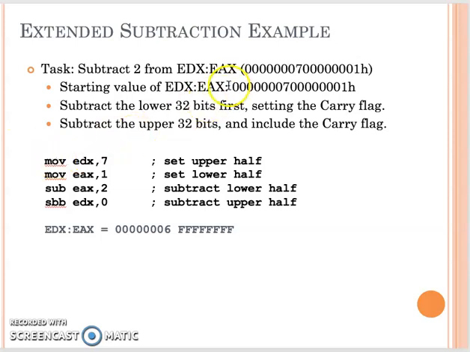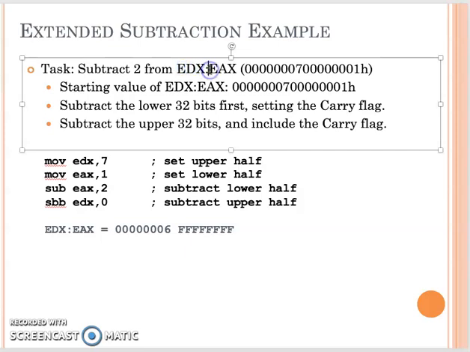For example, I have a 64-bit value. The higher 32 bits use the EDX, and the lower 32 bits use the EAX. To help you see, the EAX is in purple color. When we have a bigger number, we need to combine multiple 32-bit operands. So what if I want to subtract 2?